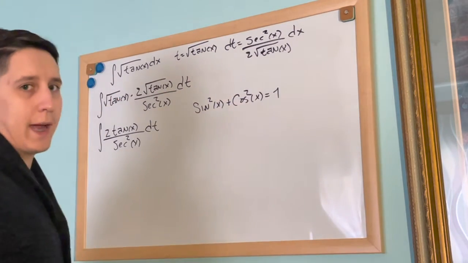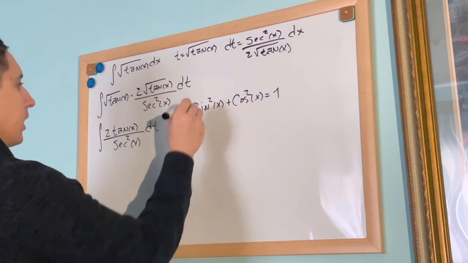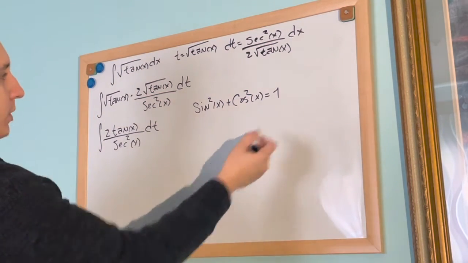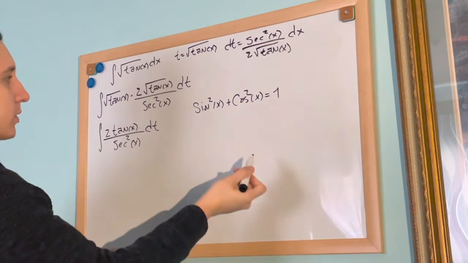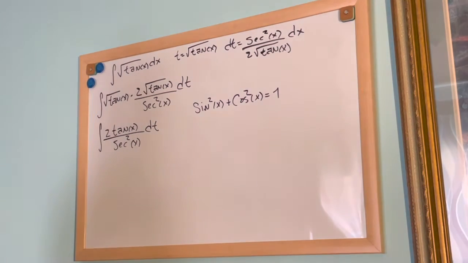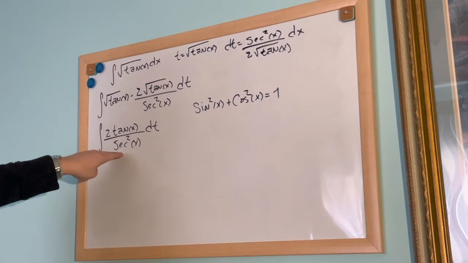This is just one of the identities known from trigonometry. You can manipulate this by dividing the whole equation by sine squared or cosine squared. What's useful for us is we have a tangent right here and a secant right here.